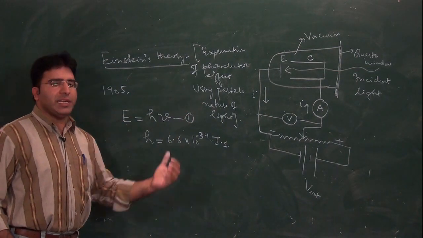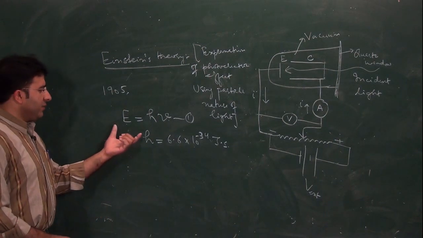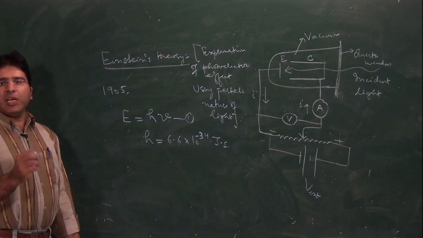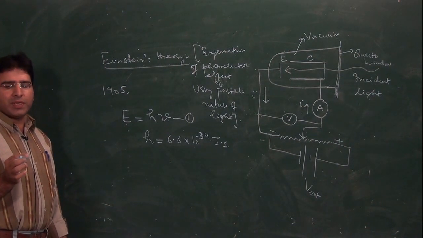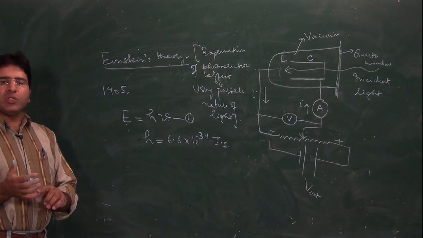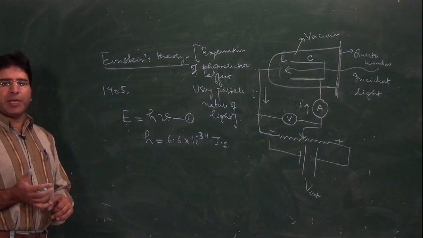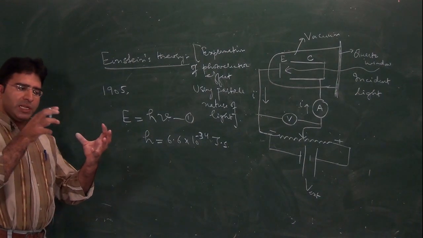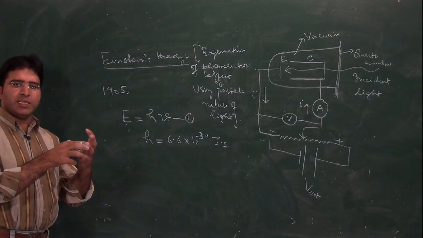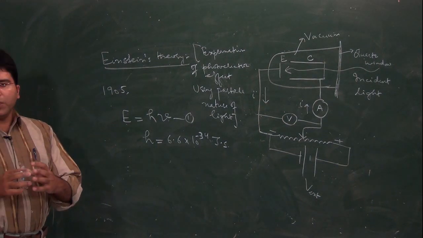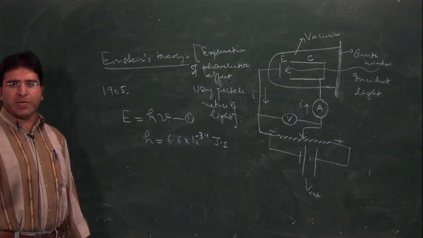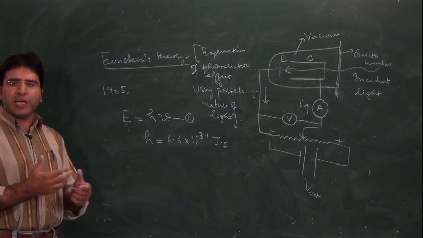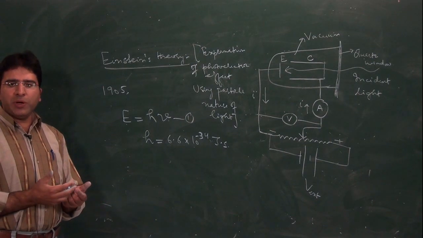Now, how did Einstein explain it? The first idea of Einstein was that a single photon interacts with a single electron. So, there is no question of time delay. The photon will strike the electron. If the energy of the photon is sufficient to extract the electron out of the metal surface, the photoelectric effect will take place. If not, there will be no effect.